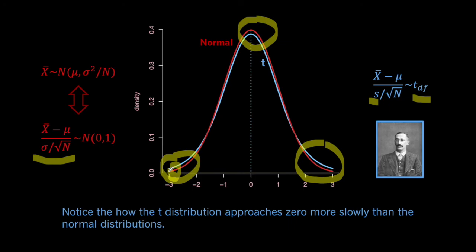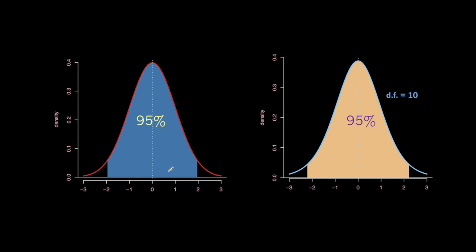And this has consequences. On the left, we have the normal distribution, always in red. And we said that we know from the normal distribution that in order to get 95% of the mass, I need to create an interval in very specific points, namely minus 1.96 and 1.96.